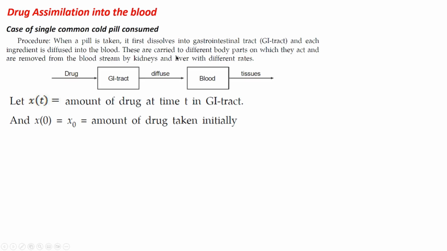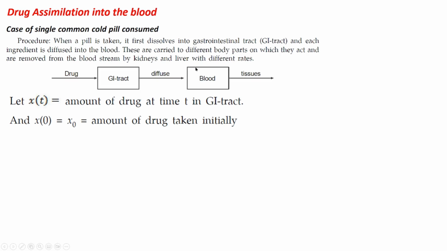Then these are carried to different parts of the body on which they act, and they are removed from the bloodstream by kidneys and liver at different rates. So when the drug is taken, it goes into the gastrointestinal tract, diffuses into the blood, is taken to other parts of the body where it has to react, and finally it leaves the bloodstream through the kidneys and liver.